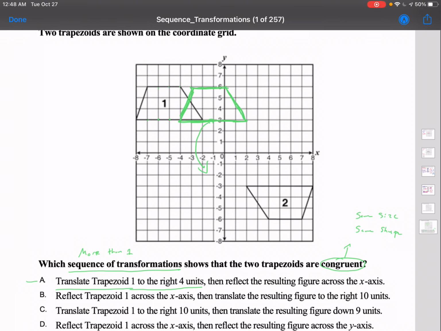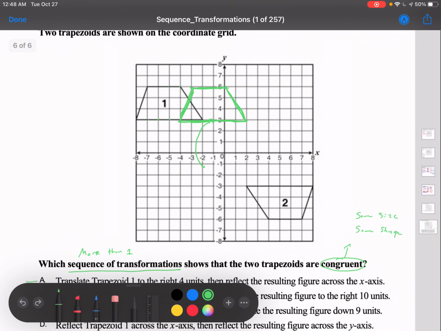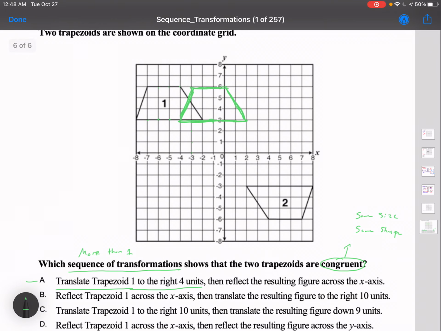In order for us to do that, I'm going to count how far away my big line is from the x-axis. Remember, we're flipping over it, so I need to count how far away it is. It's 1, 2, 3. So I need to do the same thing on the other side. 1, 2, 3. So my shape would end up somewhere over here.